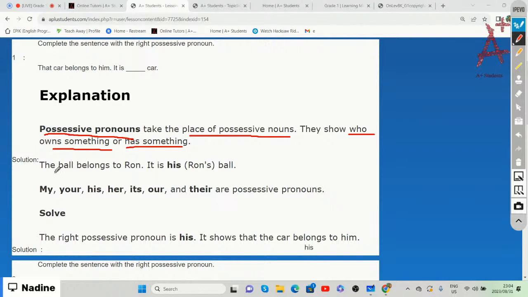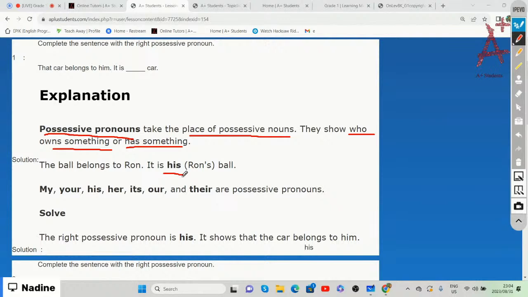For example, the ball belongs to Ron, right? So Ron is a boy. So if the ball belongs to Ron, then instead of saying it is Ron's ball, we can say it is his ball, because his refers to a boy, which is Ron, right? Instead of repeating that it is Ron's ball, we can put his in place of Ron.